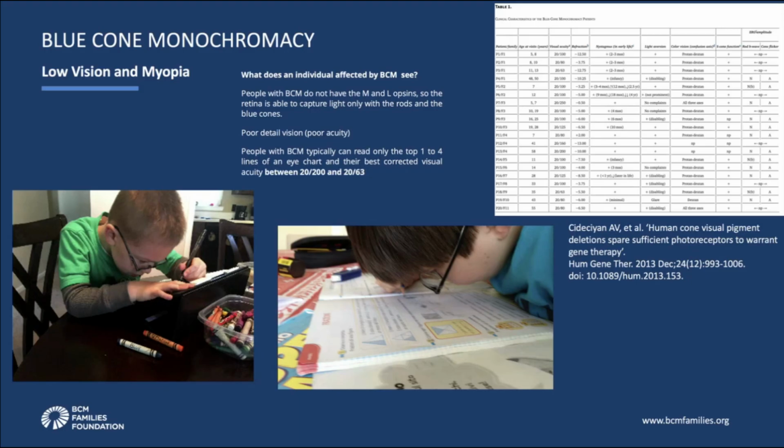Here you see a table coming from a clinical study that our community of patients financed and then participated in. It was a large collaboration, and Samuel Jacobson was the principal investigator. Here you see a collection of visual acuities of people with BCM.